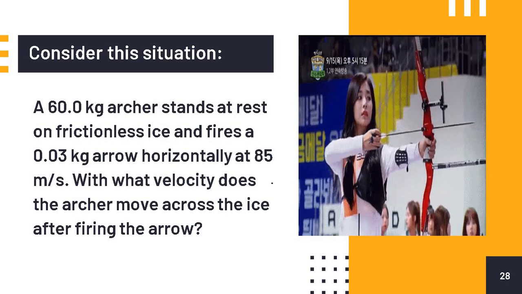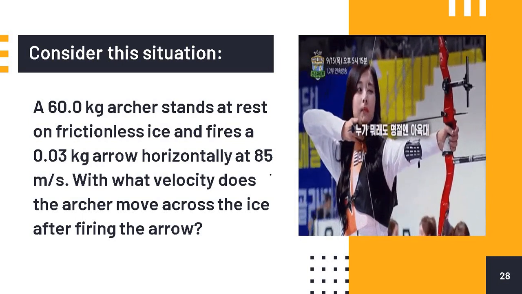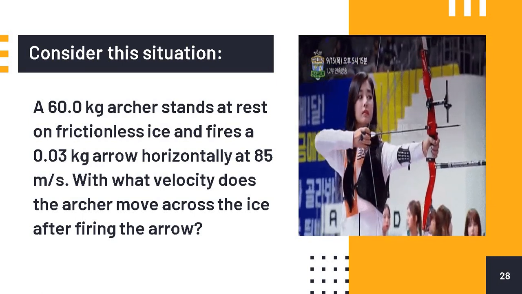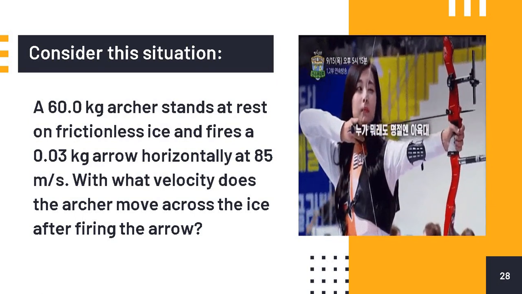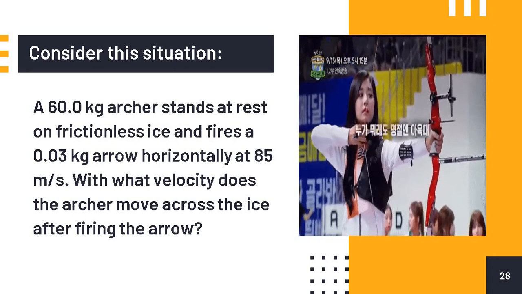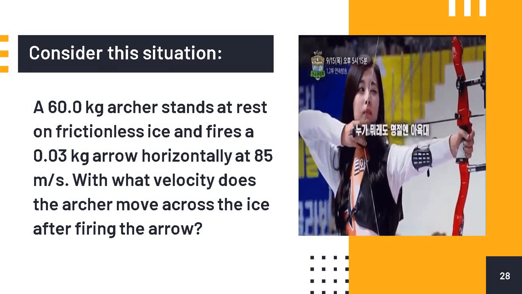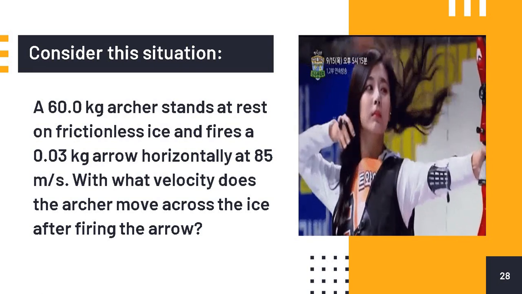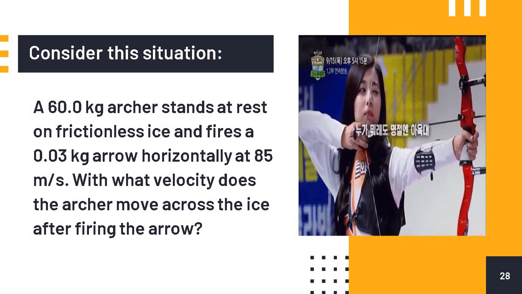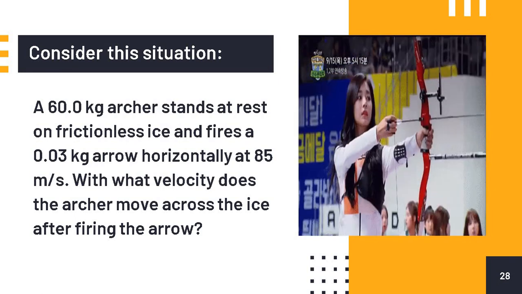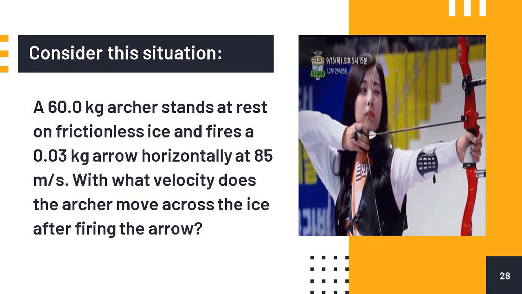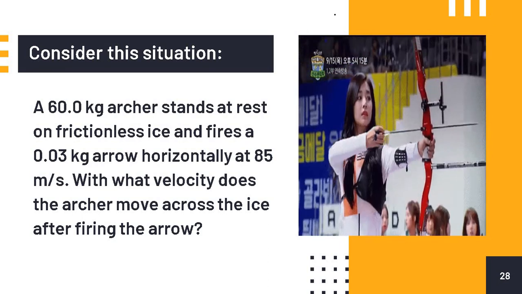If we can still remember what we discussed in the previous slide, in a system of two objects, when one object applies a force towards the other object, the other object would definitely apply a force that is opposite in direction but equal in magnitude to the force applied by the first object. Right?